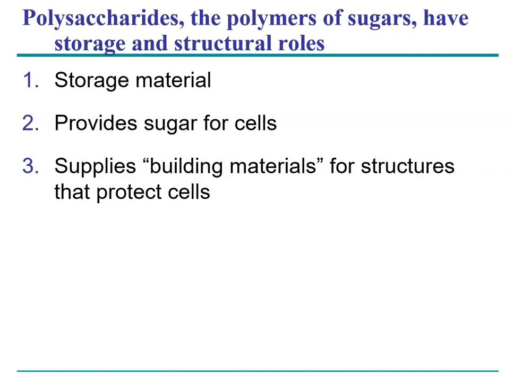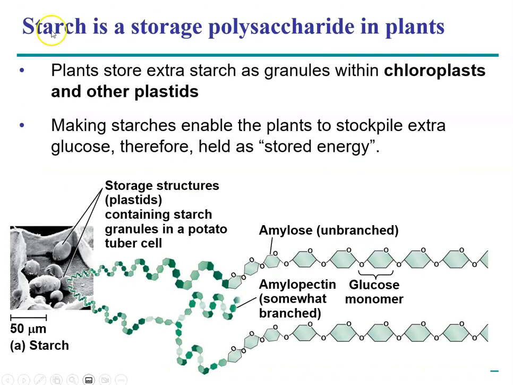So they are usually used for longer term storage of that potential energy, providing sugar for cells to fuel the process of cellular respiration. And again, we're seeing that other role of building material, for structure, for protection, for support. I have some examples for both animal and plant cells.